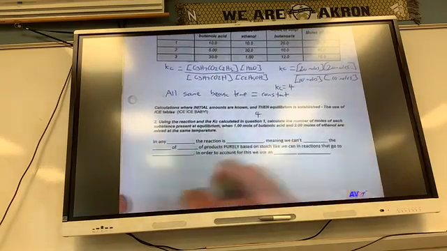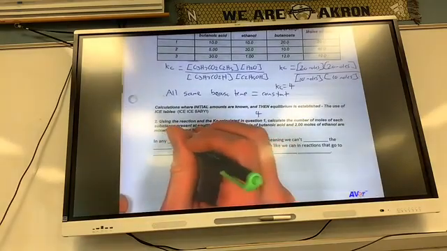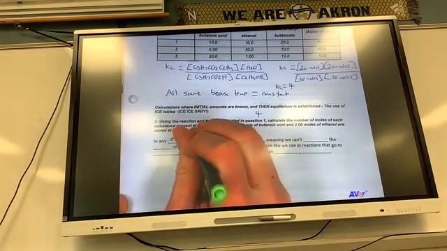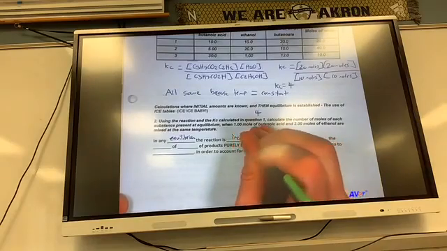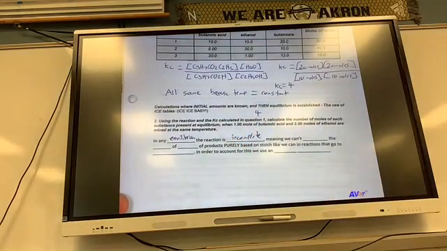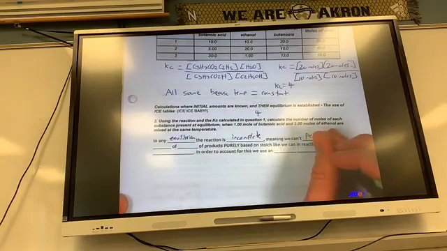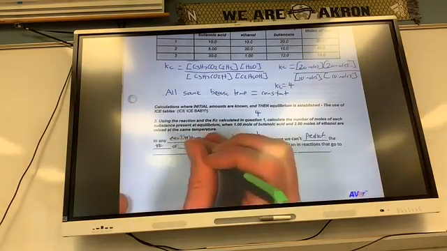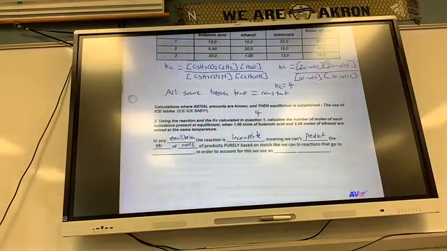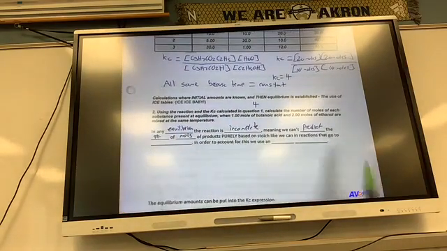Before we do this, in any equilibrium the reaction is incomplete, meaning we can't predict the number of moles of products purely based on stoichiometry like we have been.